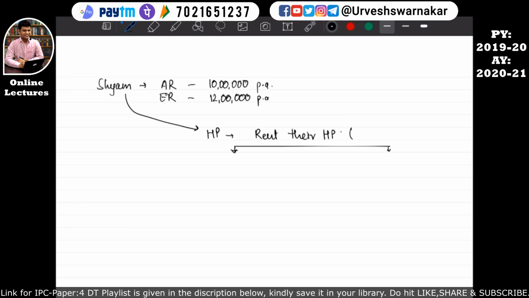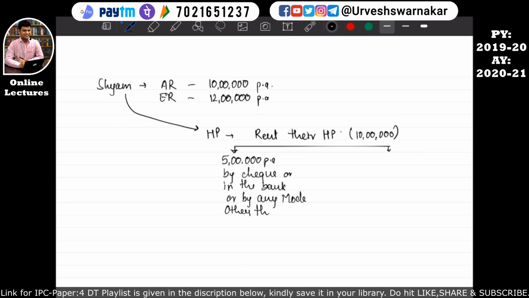For example, if the rent of the house property is say rupees 10 lakhs, they would ask the tenant to pay 5 lakhs per annum by cheque, in the bank, or by any mode other than cash, and they would ask the remaining balance of 5 lakhs to be paid in cash.